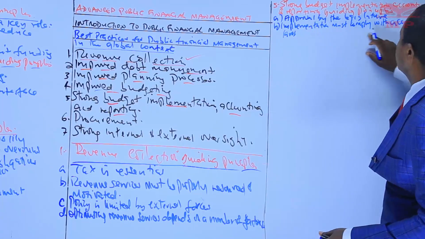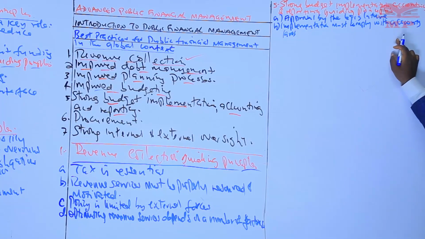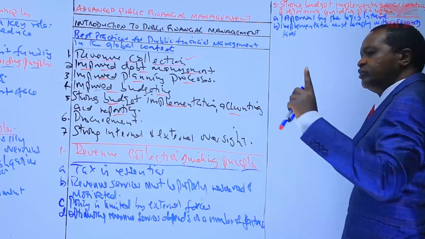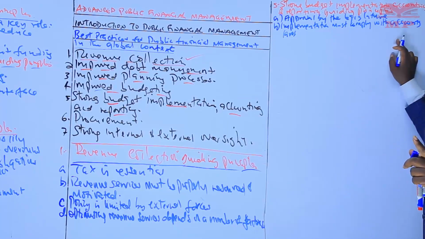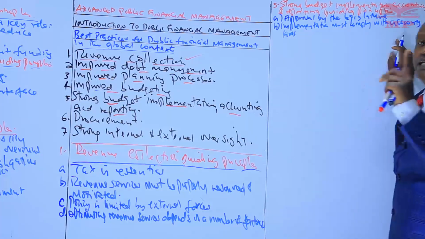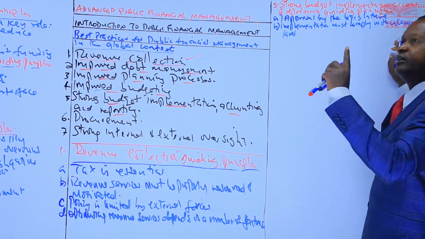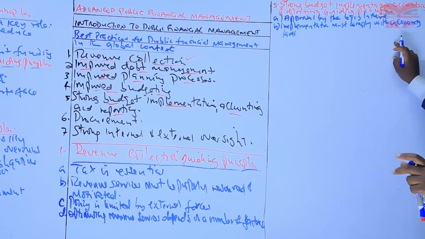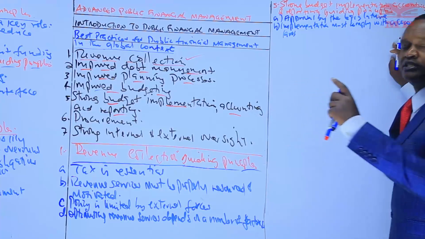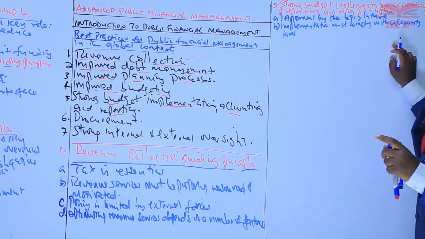Implementation must comply with accounting laws, as well as financial management laws. In Kenya, we have the Public Financial Management Act, which details how the budget ought to be implemented. There are many sections in the Public Finance Management Act on implementation of both the national budget and the county government budgets.